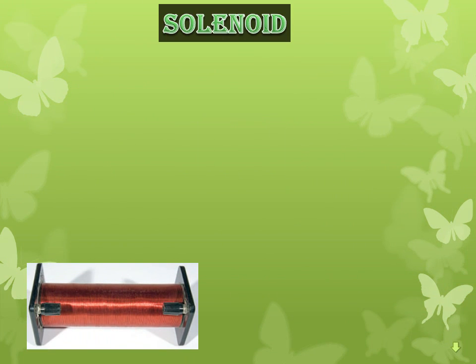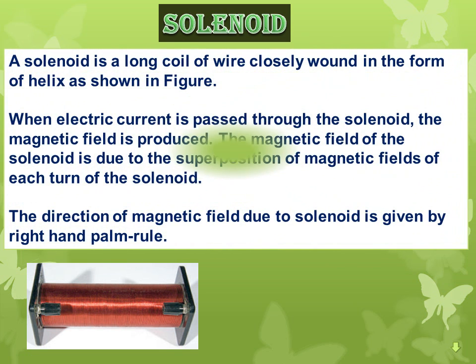Now let's move to the word solenoid. What do you mean by solenoid, and have you heard anything about the solenoid? I will tell you an example. Many times we come across shock absorbers, particularly in two-wheelers, on both the left and right side of the rear seat.